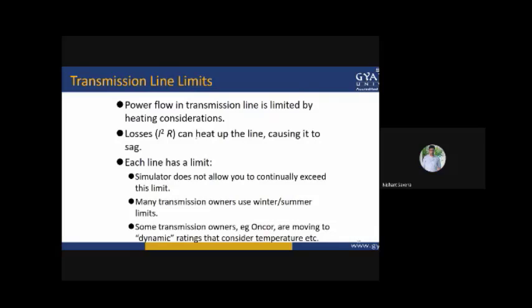But the tension at the junctions of the tower is increased in that case. So some transmission owners are moving to dynamic ratings that consider the temperature, etc. We have the capability in the simulators to decide our own winter and summer limits. Okay.